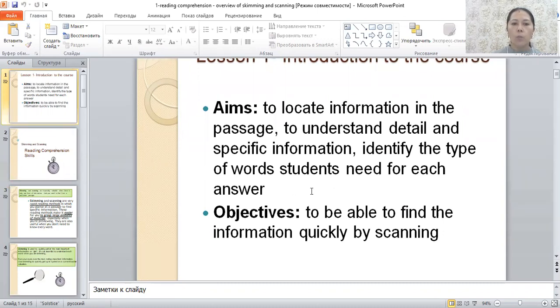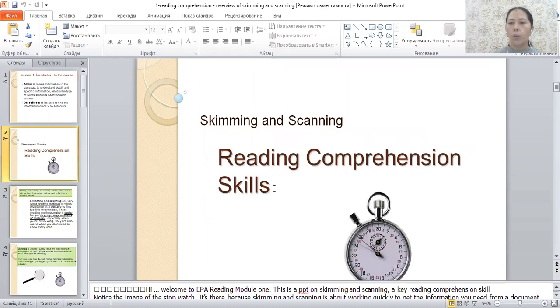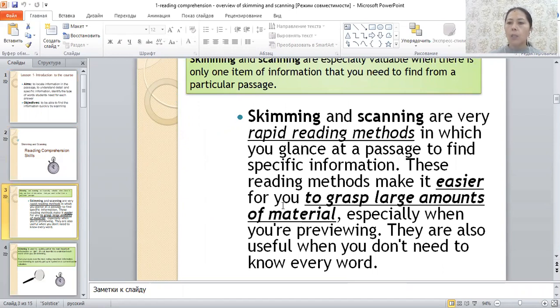So reading comprehension skills, what are these? We have some reading comprehension skills, and today we are going to look at skimming and scanning. Skimming, maybe you have been aware of this strategy. They are very rapid reading methods and you have to know them.